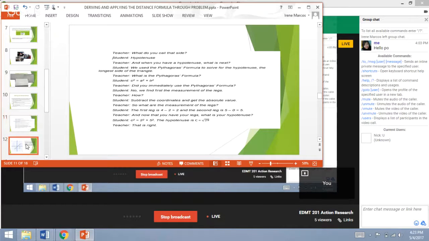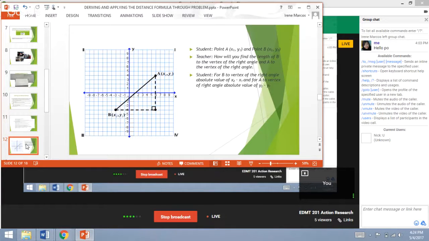Now, after that, the teacher presented another coordinate plane. So, assuming that you have point A as x1 and y1, and point B as x2 and y2, what would be the distance?